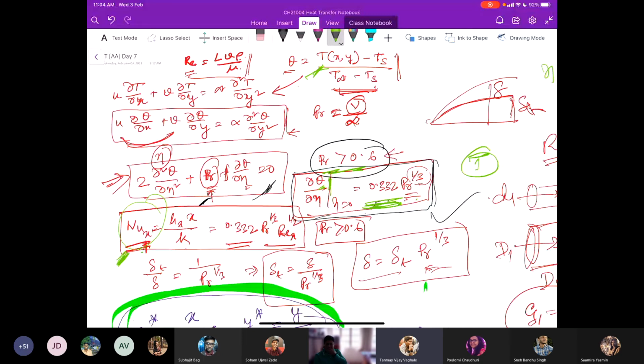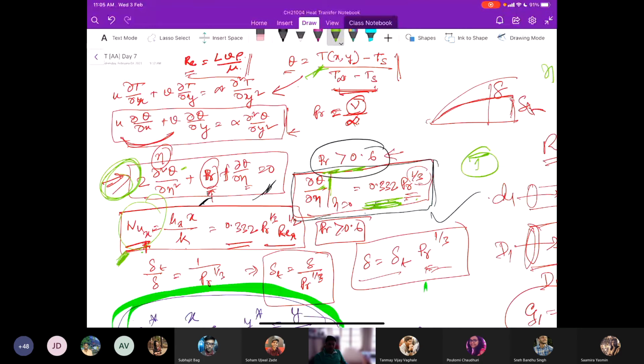And the next equation, delta T by delta equal to 1 upon Pr to the power 1 by 3, also came from the solution of this energy equation, where you solve for the temperature profile.